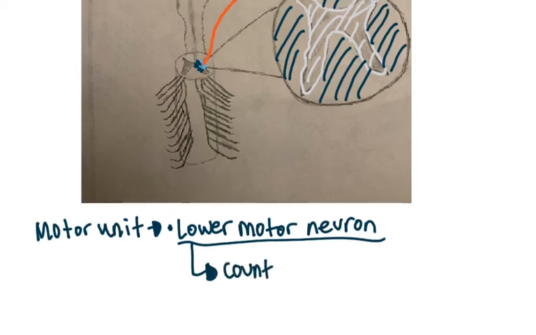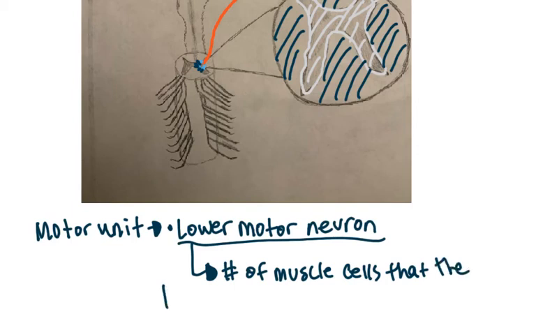Not really count, but we're just going to say the number of muscle cells that the lower motor neuron synapses. Let's go and write that down real quick.